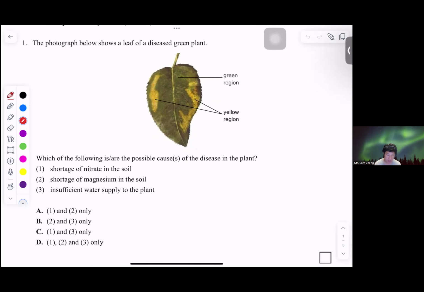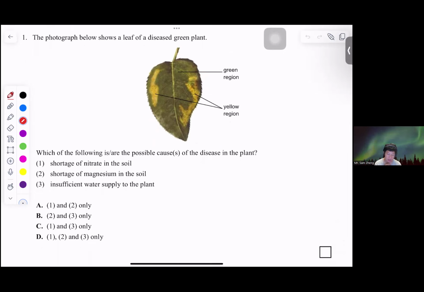First of all, for the pictures here, as you can see, there are some yellow parts or yellow regions on the leaves. This definitely tells us that there is insufficient chlorophyll. If there is insufficient chlorophyll, there are two possibilities.